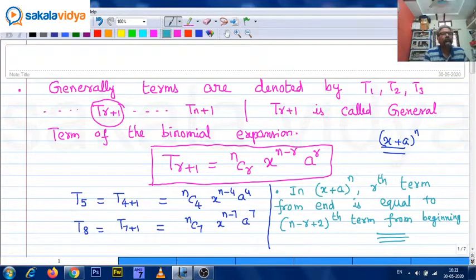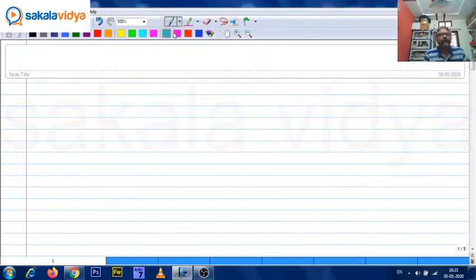Okay, now let us move to the next concept. See, (x minus a) to the power of n. We have just discussed (x plus a) to the power of n. Now how to find (x minus a) to the power of n? Simply, in (x plus a) to the power of n, you put minus a for a.